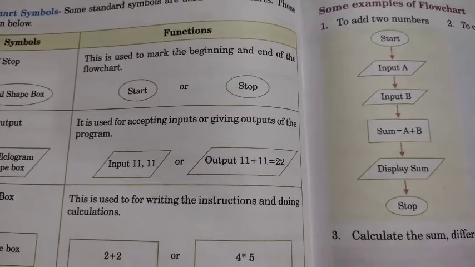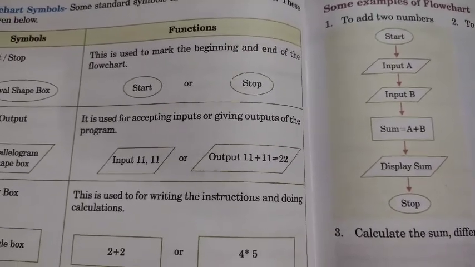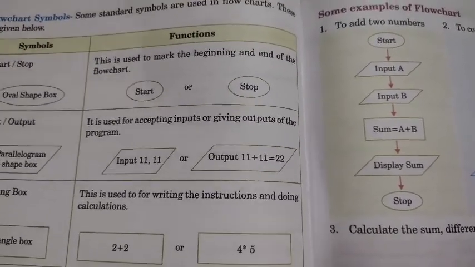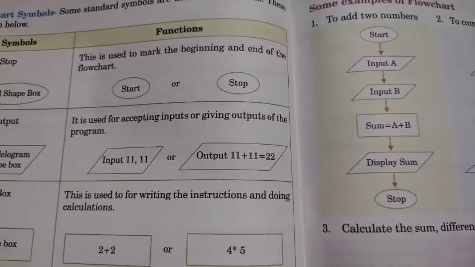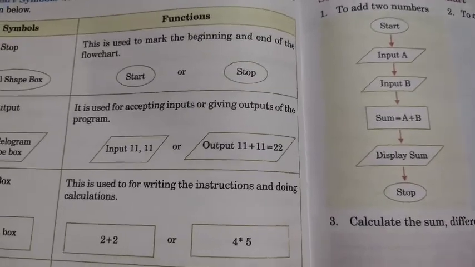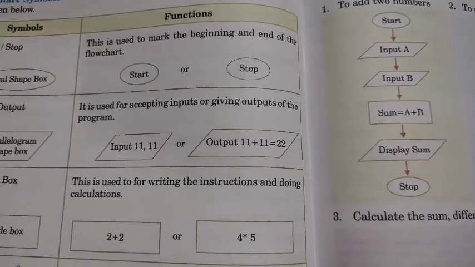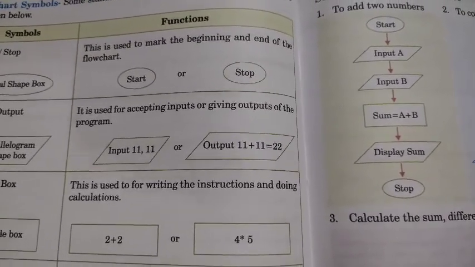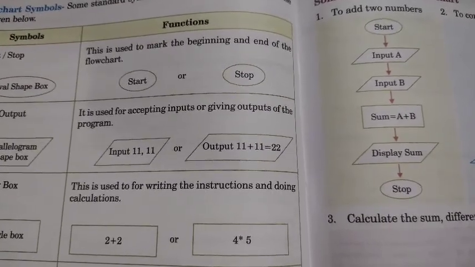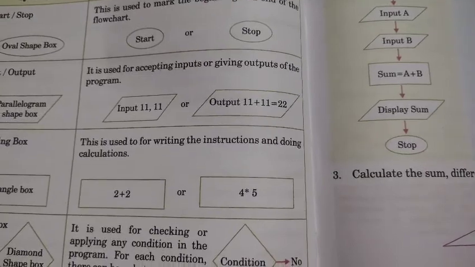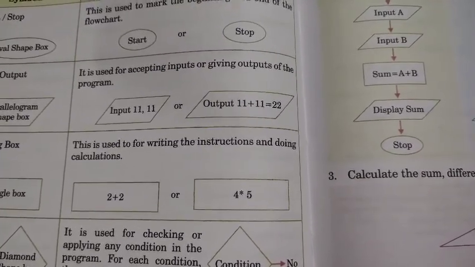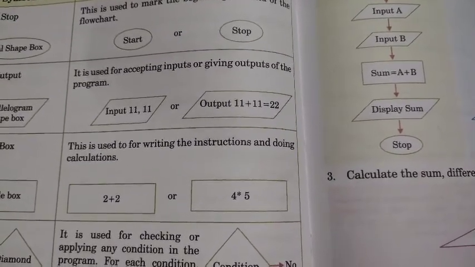For example, input 11 and 11, and we are going to add them. The output is 11 plus 11 is equal to 22. That is the result. The rectangle box is used for writing instructions and doing calculations.